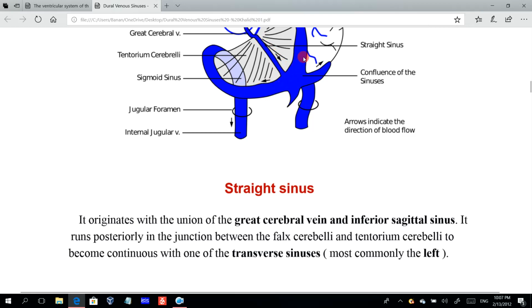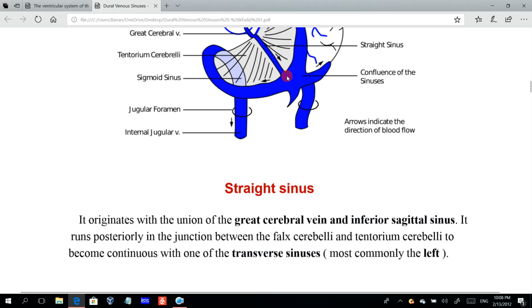And of course, the superior sagittal sinus, when it reaches the area of confluence, its main blood drains to the right side to form the right transverse sinus. So the straight sinus will go to the left transverse sinus, and the superior sagittal sinus will go to the right transverse sinus. It is important here to know.